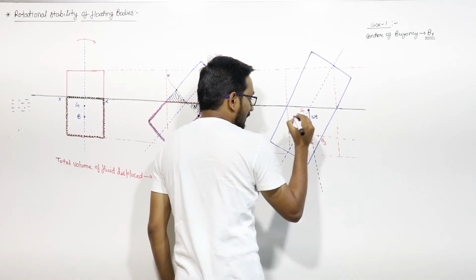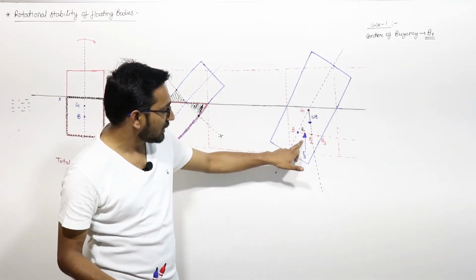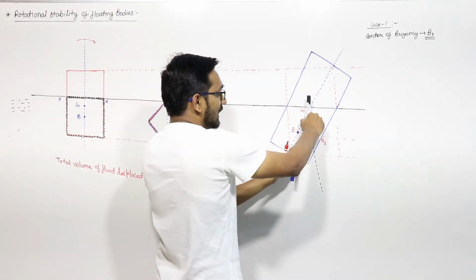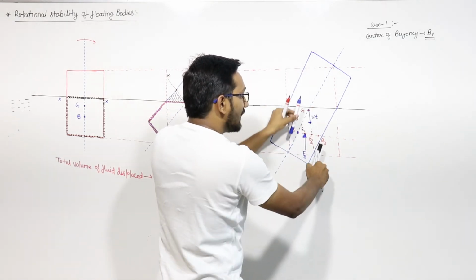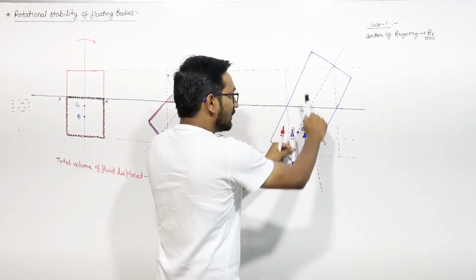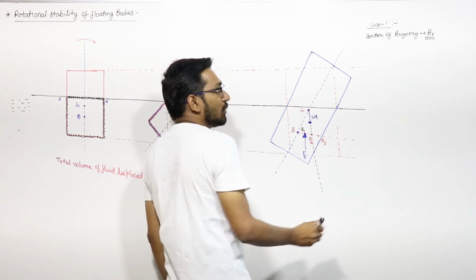This point is B1. You can see from here, if the center of buoyancy shifts to this point and weight is acting downward, buoyancy force is acting upward, it will give you a couple in the clockwise direction.